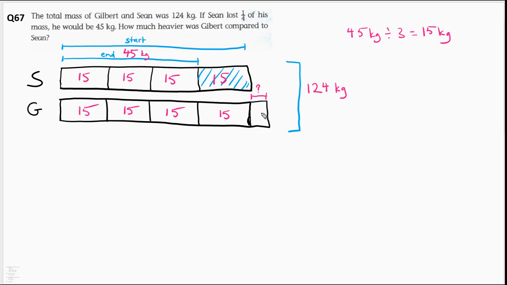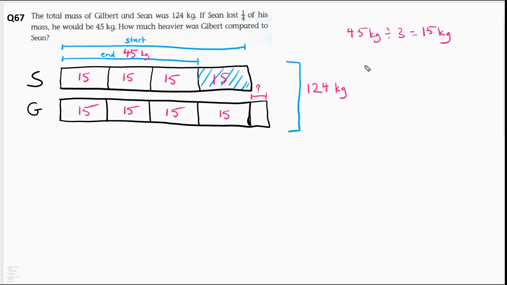That's our question mark. So hopefully you can see if we find out the value of this part of the model, which would be 15 times 8, and subtract that from 124, we should get the value of this bit.